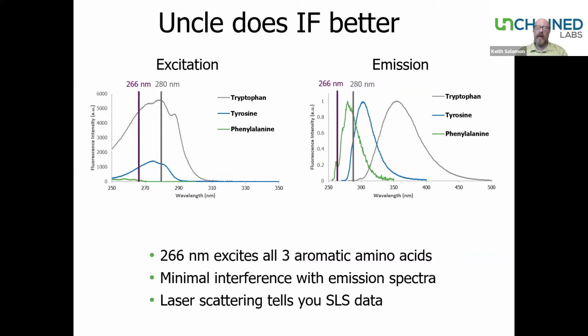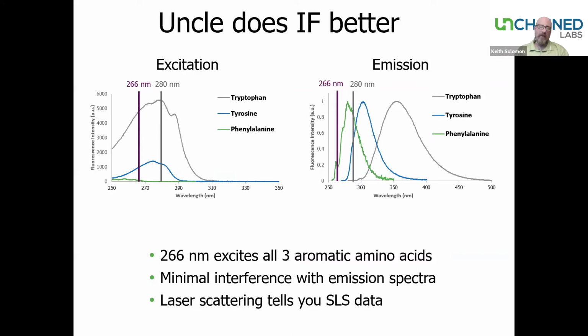The second thing is, if you notice on the right-hand panel, it's very easy to see that the emissions profiles cover 280 nanometers. So if you're exciting with a 280 nanometer laser, all the emissions obviously are going to be of a lower energy and are going to be to the right of that, at higher wavelength. So you're going to miss some of the spectrum. All right, so that's a little unfortunate. Well, if you use a 266 nanometer laser, you can capture that whole spectrum.